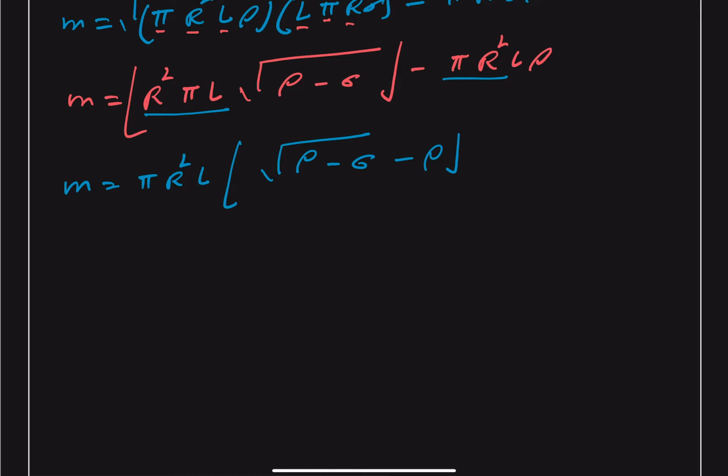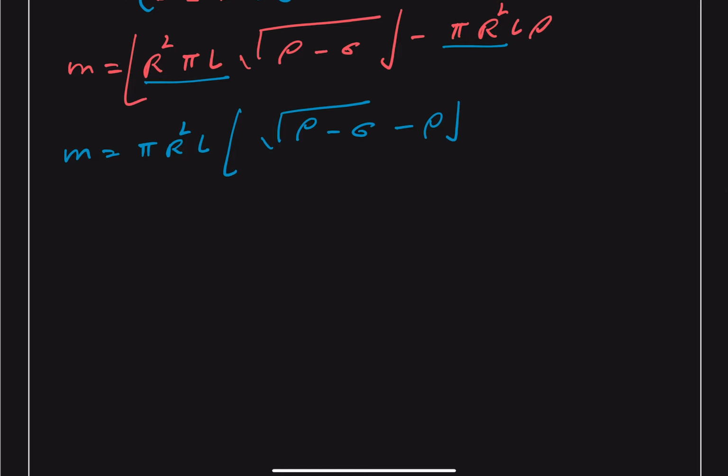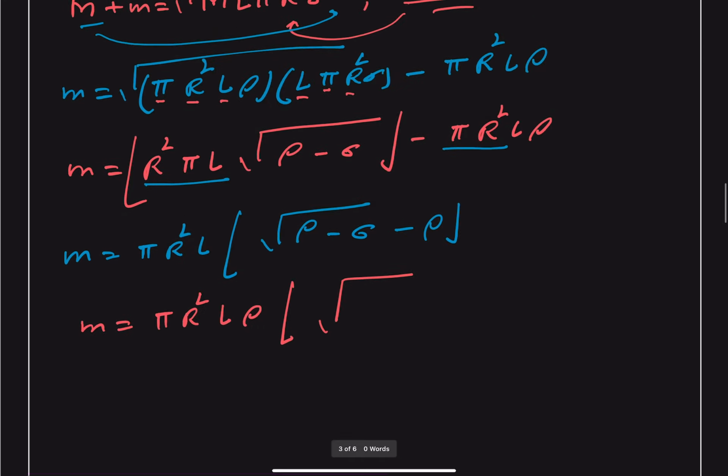And we can take rho also common. So we get this as pi r square L rho, and inside the square root, one second, I think I missed something here. Yes, this part I missed.